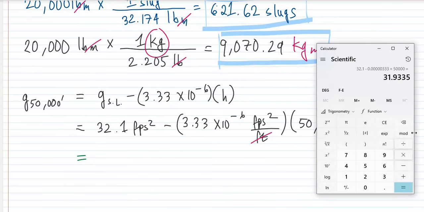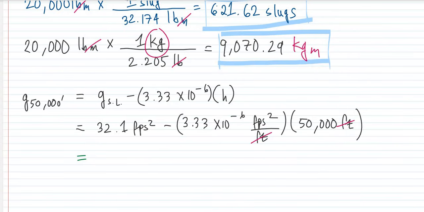So G is equal to 31.9335 feet per second square. So this is the G at 50,000 feet.